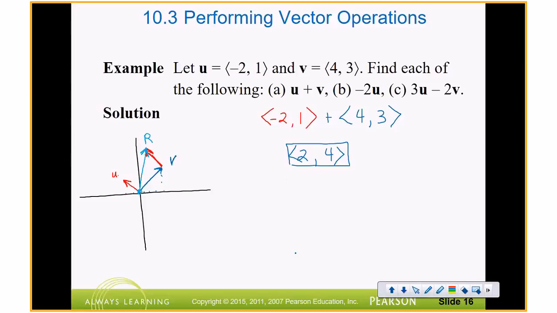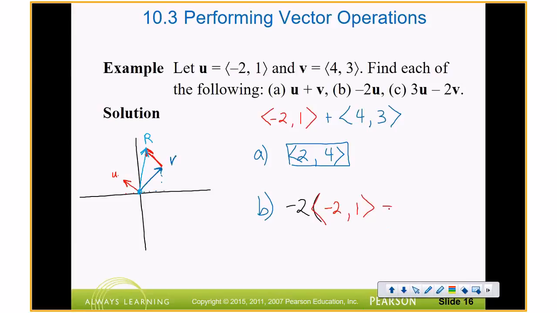So B, -2U. Well, this is pre-algebra stuff. -2U. So -2 times -2, comma 1.